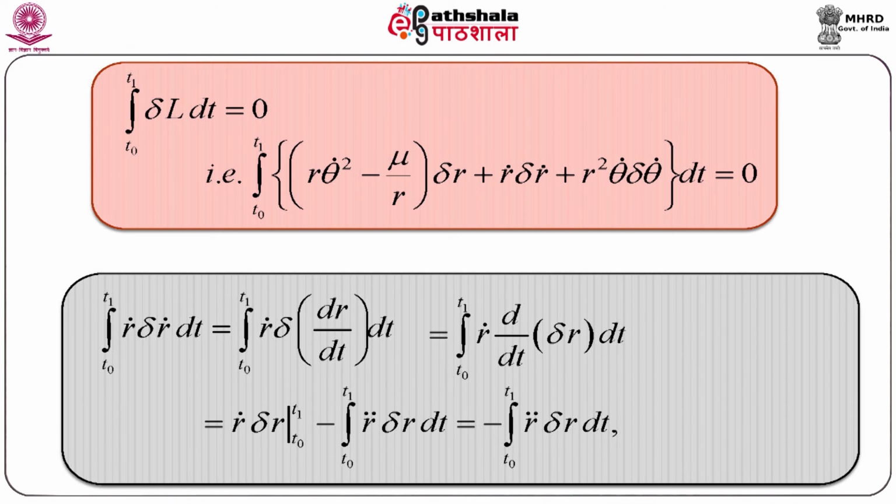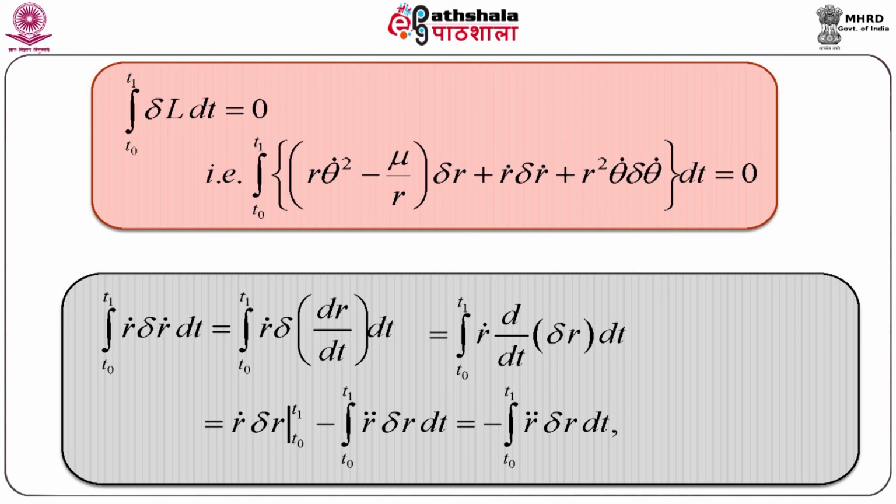Now, integration T0 to T1 r dot delta r dot dt equal to integration T0 to T1 r dot delta r dot, which can be written as d r dt, equal to integration T0 to T1 r dot d dt of delta r dt.